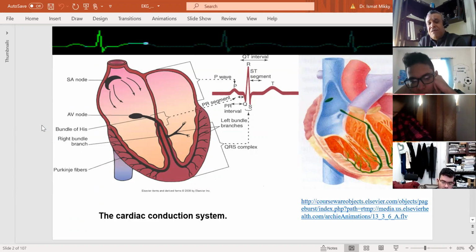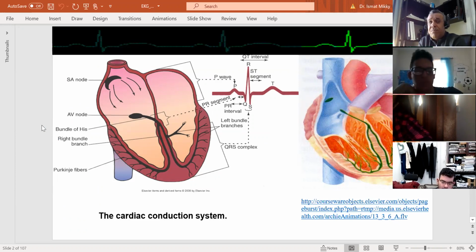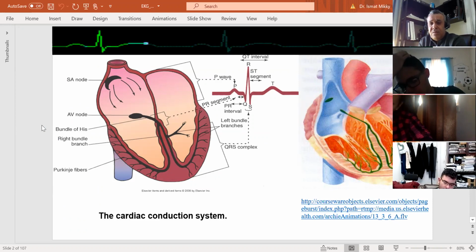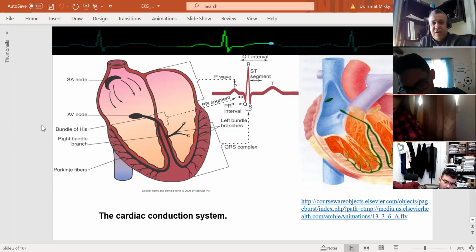Then the resultant effect from the normal innervation is the mechanical outcome, which is the pulse, the contraction of the chambers and the heart as a whole. So we have innervation, and it is followed by the contraction of the heart.